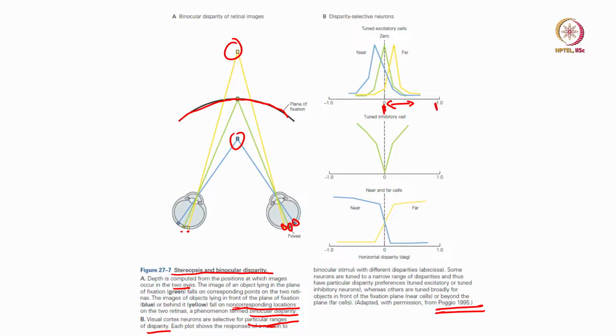Some neurons are tuned toward a narrow range of disparities and thus have particular disparity preferences, tuned excitatory or tuned inhibitory neurons, whereas others are tuned broadly for objects in front of the fixation plane or beyond the plane. So, you have neurons which are happy when there is something in front and something behind your field of focus.